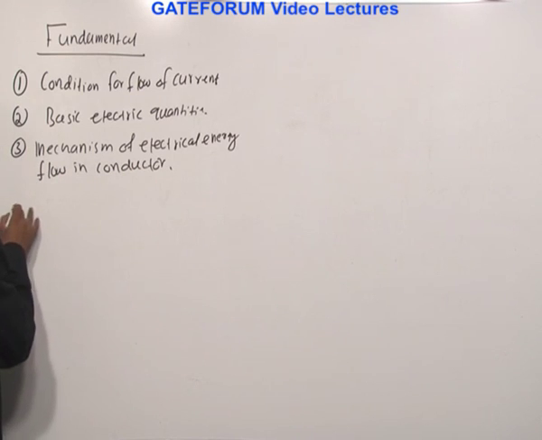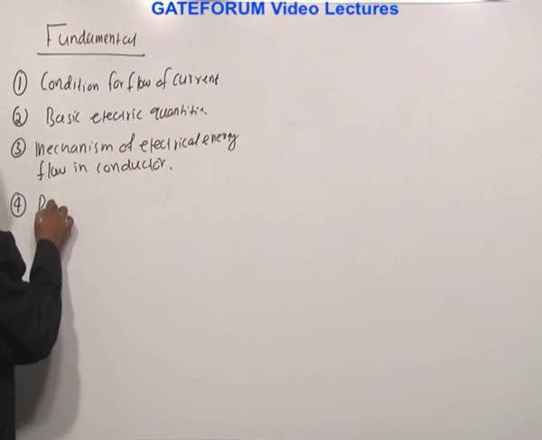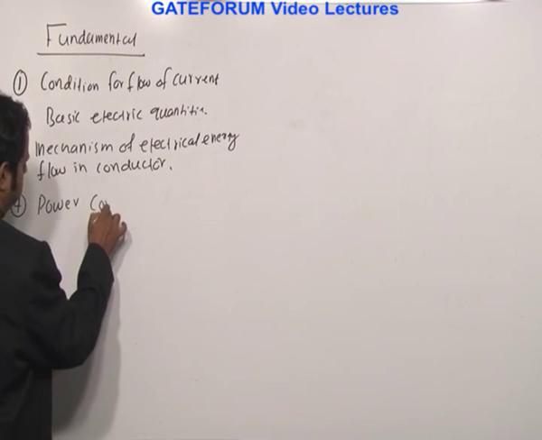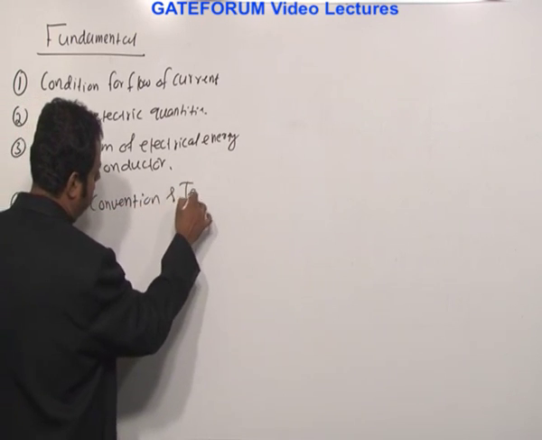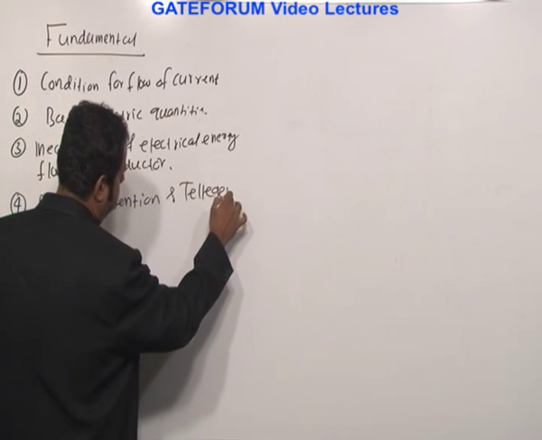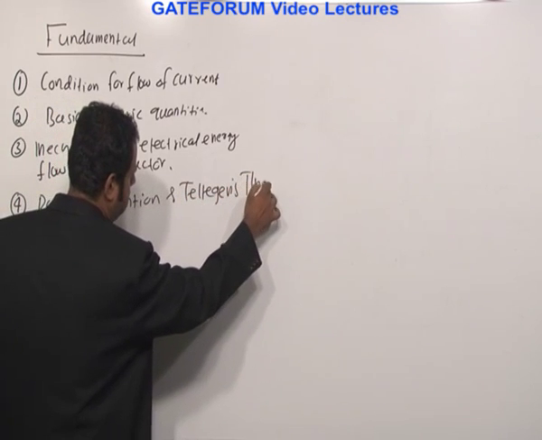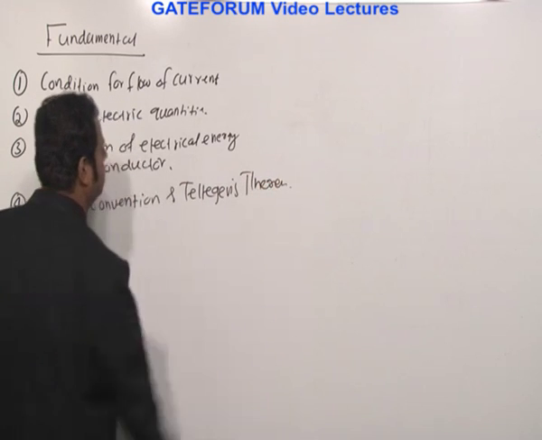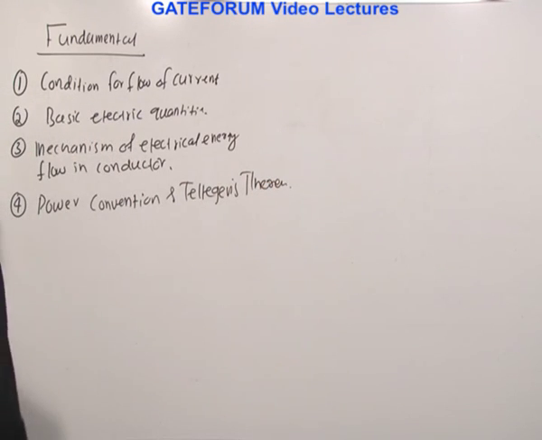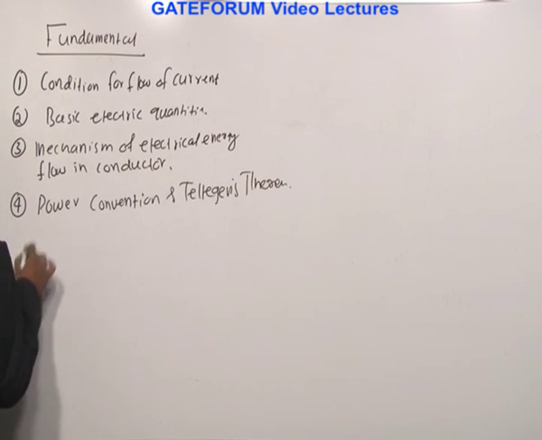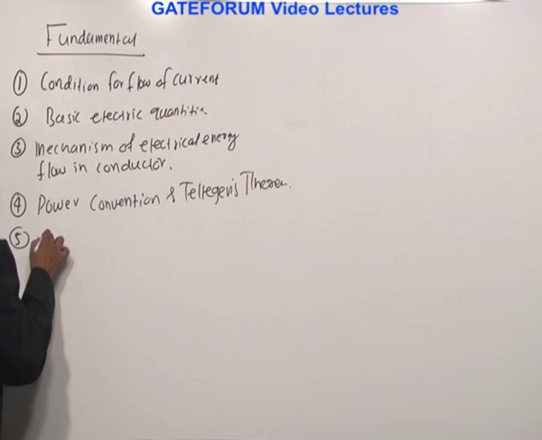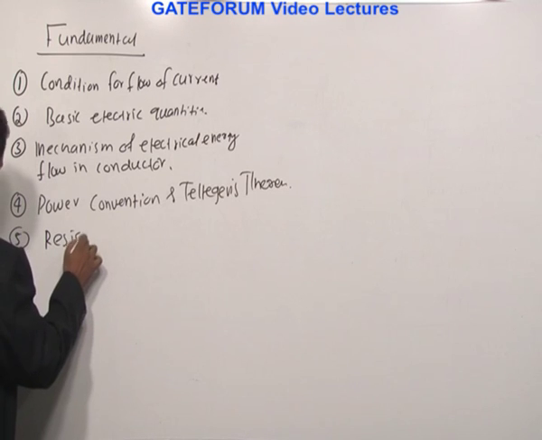Fourth thing is the power convention and intelligence theorem. Fifth thing is resistance.